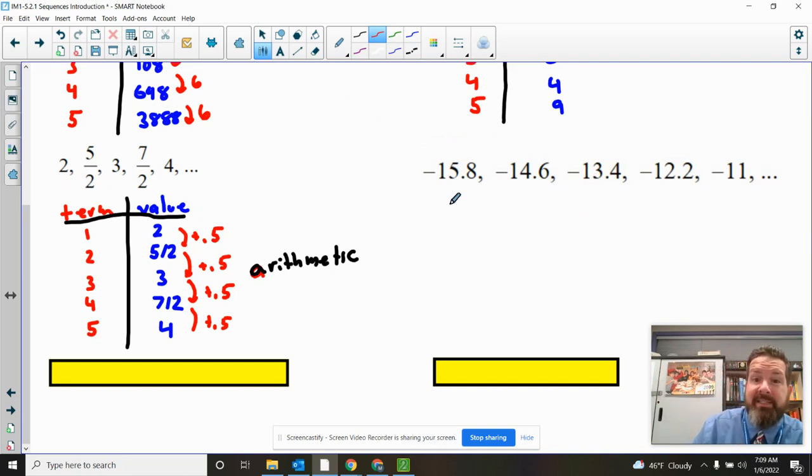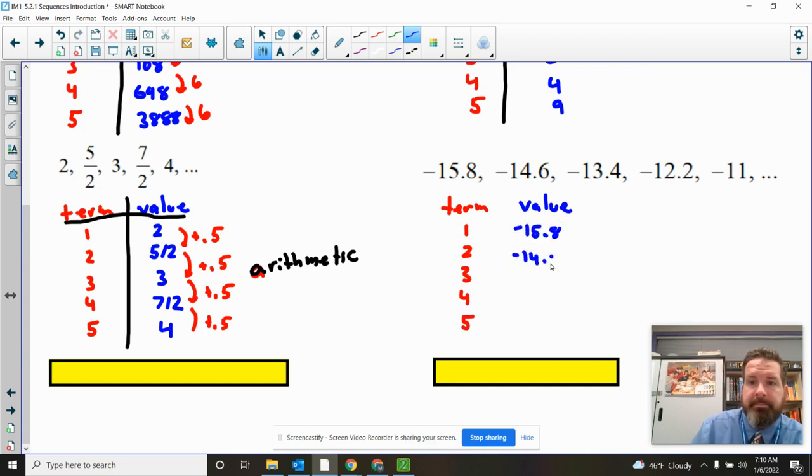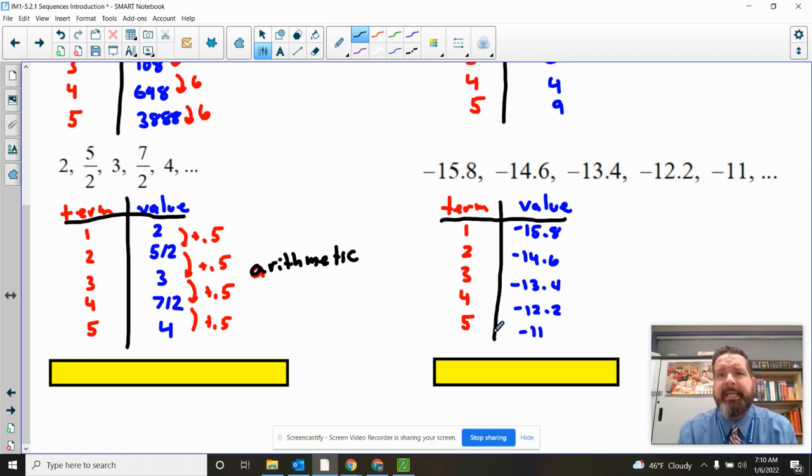We're going to do the exact same process. Okay, let's check arithmetic first again.